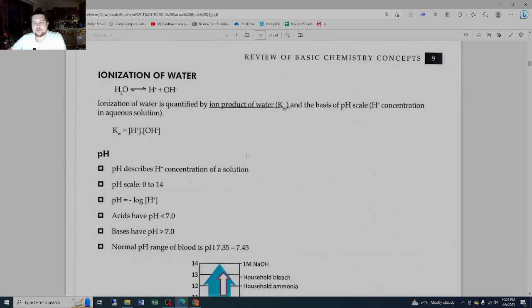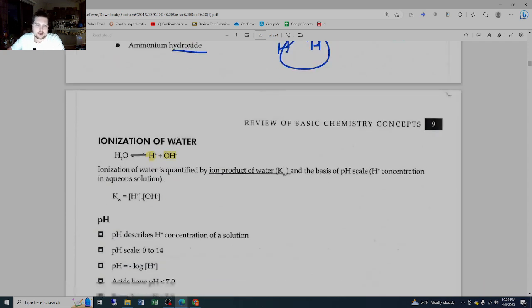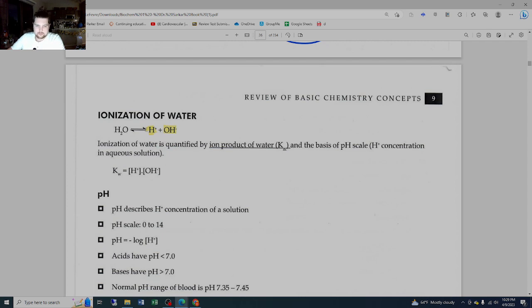Ionization of water. So water can go through this process where it can go from H2O, breaking up into a hydrogen and a hydroxyl, or a hydroxide. And it can go back and forth between those two. So ionization of water is quantified by the ion product of water, Kw. This is going to be a constant, and the basis of the pH scale.